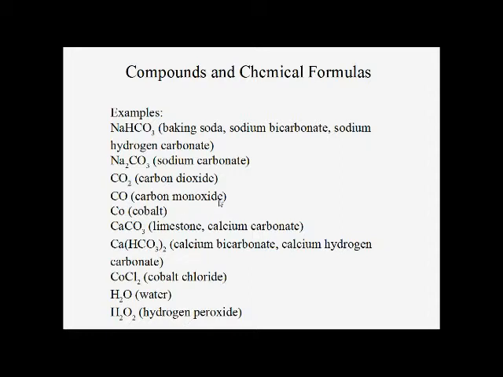Carbon monoxide, however, is generally a product of incomplete combustion, so we don't have enough air when we're burning something. And at low concentrations, still in the parts per million level, it'll poison us. It'll replace the oxygen in our blood, and we will die from it. So different chemical properties just by changing the number of oxygens present.